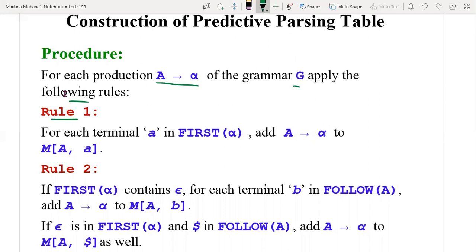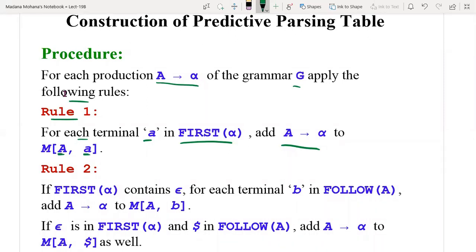Rule 1: for each terminal small a which is in first of alpha. In the right hand side, we have alpha, and you can find out first of alpha. If a terminal a occurs in first of alpha, then we have to add the production A derives alpha to the entry in the table, that is on the variable A, then terminal small a.